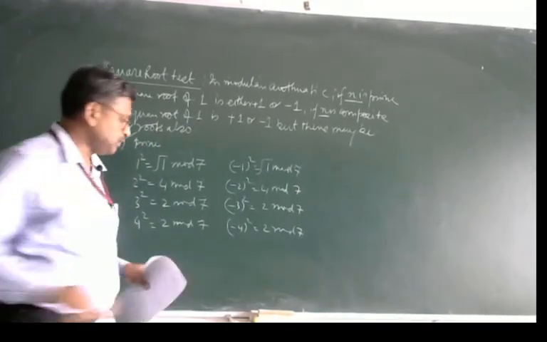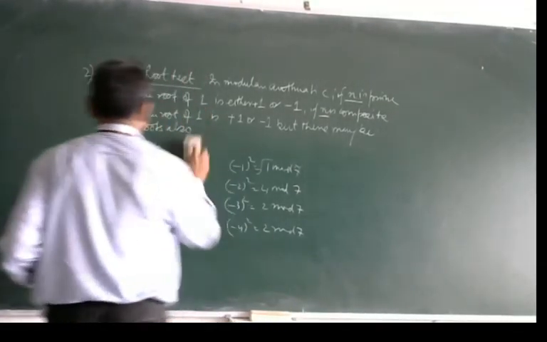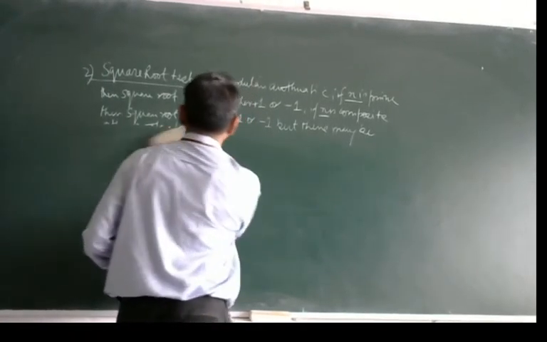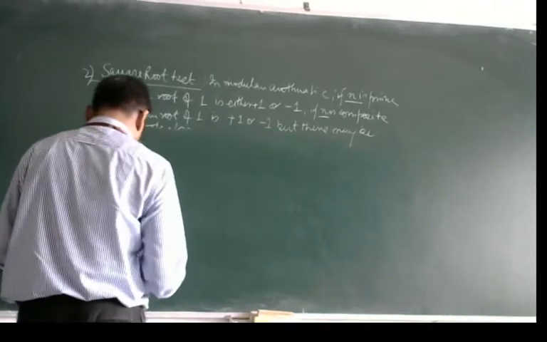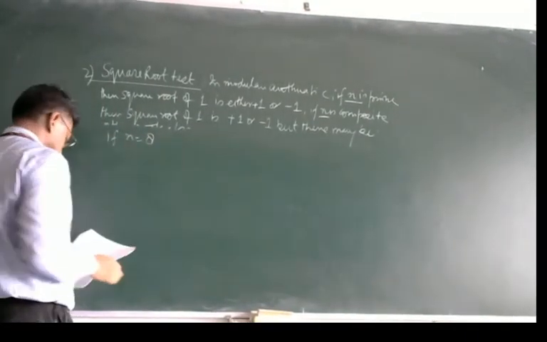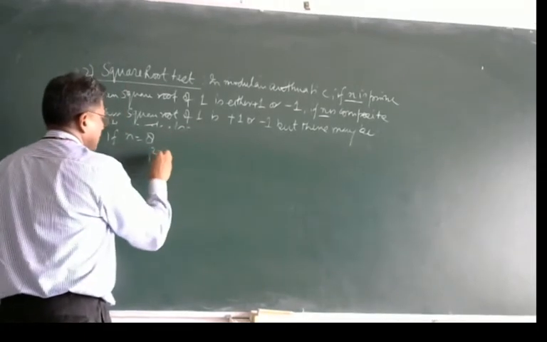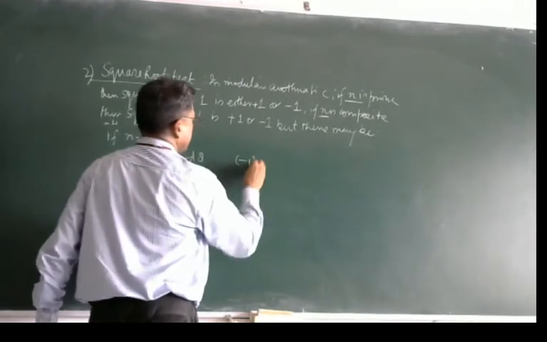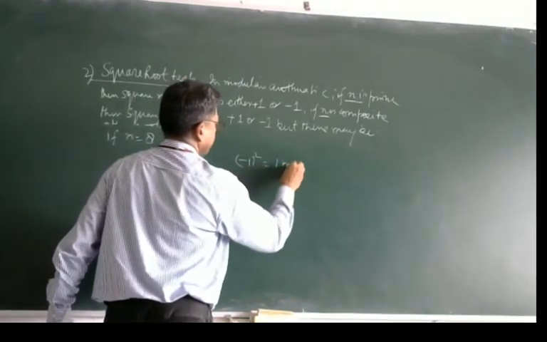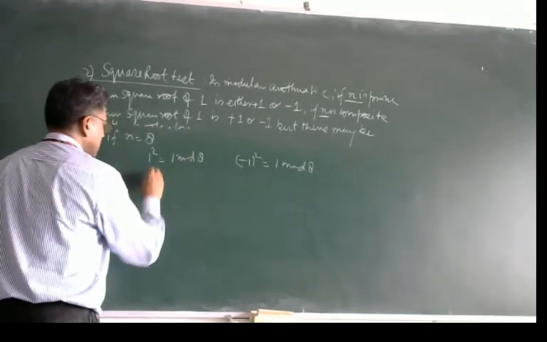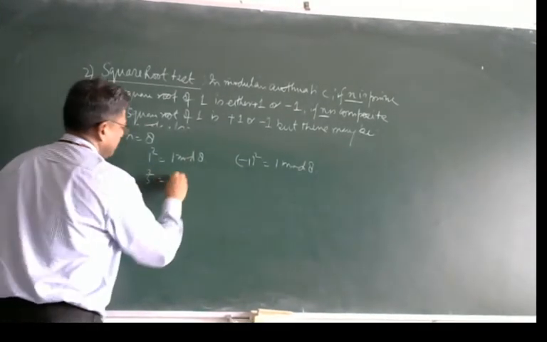Now let us test for another number. Let us test it for n is equal to 8. If n is equal to 8, what happens? Let us check. 1 square is equal to 1 mod 8. Minus 1 square is equal to 1 mod 8. Now 3 square is again 1 mod 8.